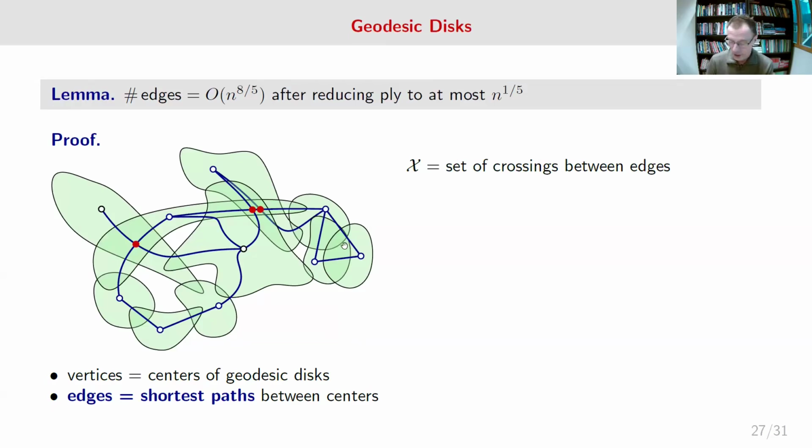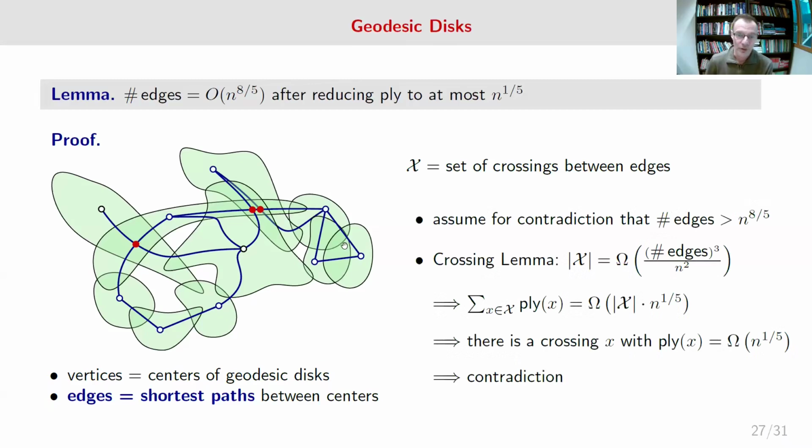The idea is that if you have many edges, then by the crossing lemma, you have many crossings. But if you have many crossings, then we show that one of these crossings must have high ply.